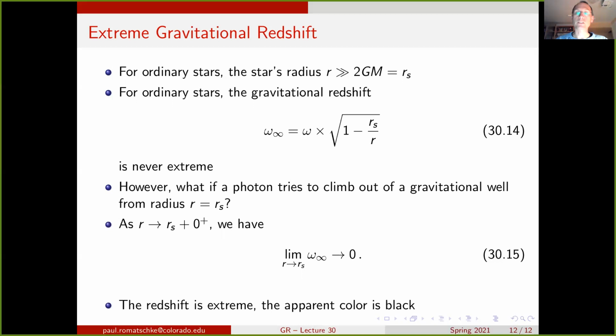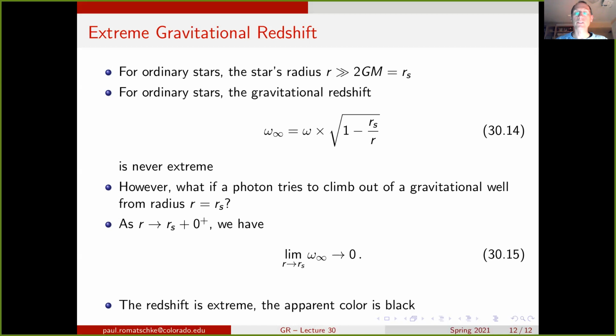So for this extreme scenario, the photon basically loses all its energy when climbing out of the gravitational well, and there's nothing left. The photon has 0 energy, it is completely black, and we will basically not see this object, for any energy of the initial photon. So this can be a photon that has gamma ray energy. It will still come out as a black photon at the very end.